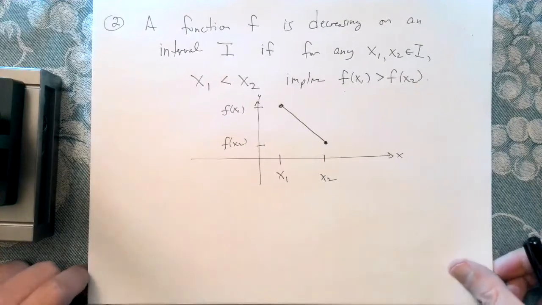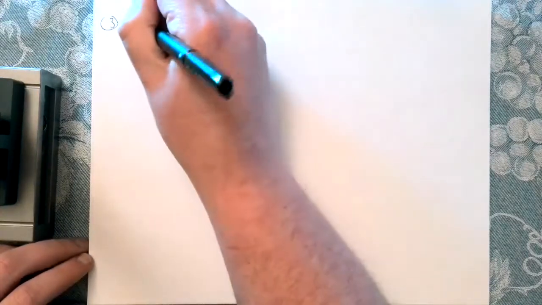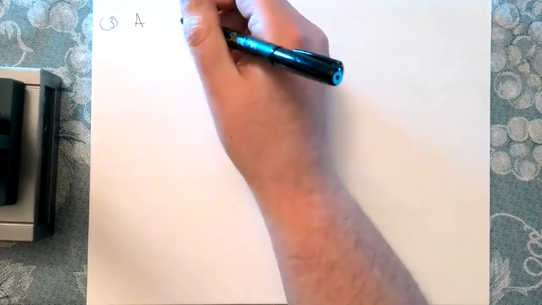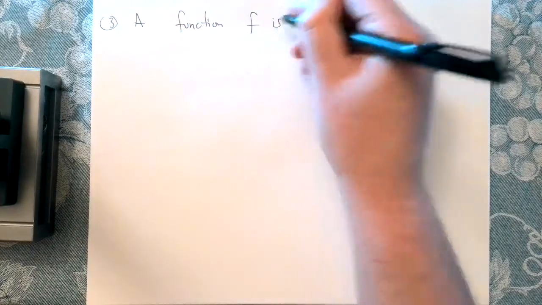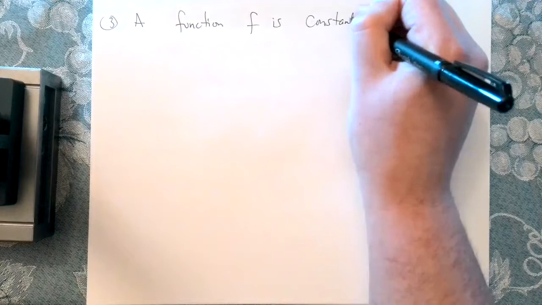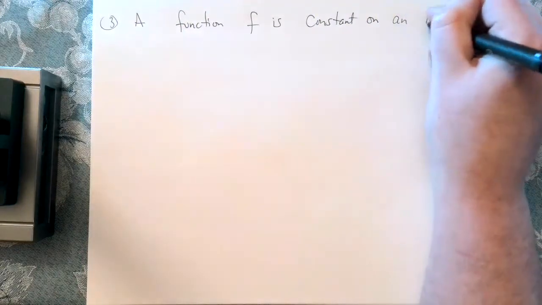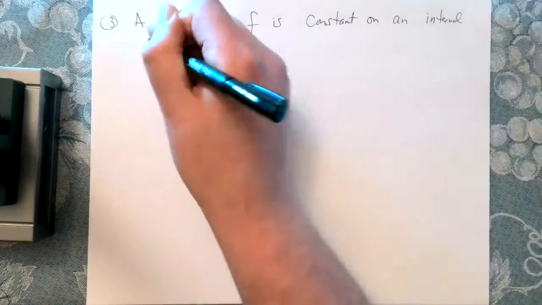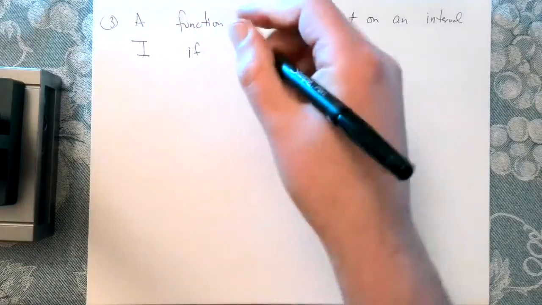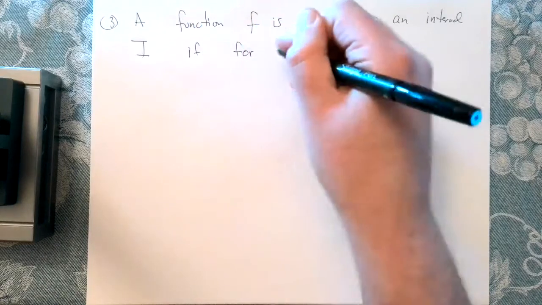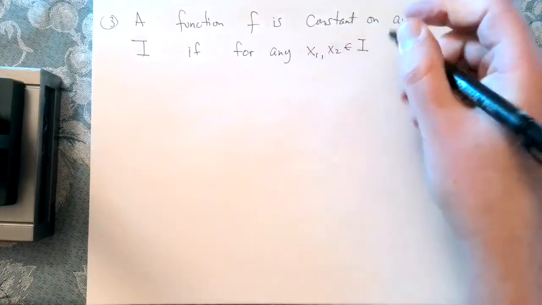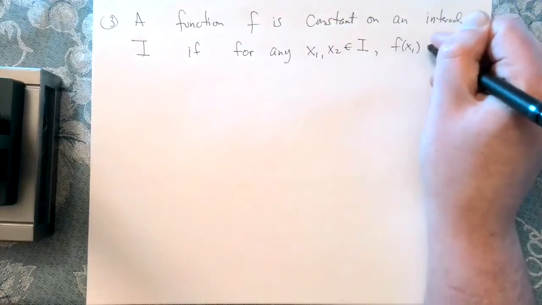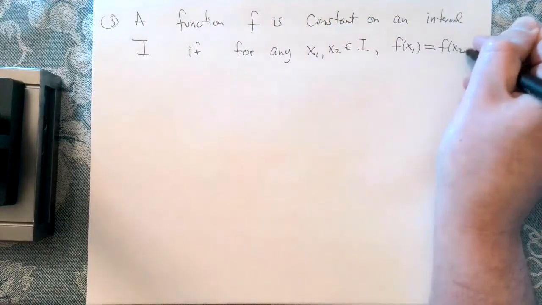What about the idea of a function being constant? Well, we're going to say a function f is constant on an interval if for any x1 and x2 in the interval, we have that f of x1 is equal to f of x2.